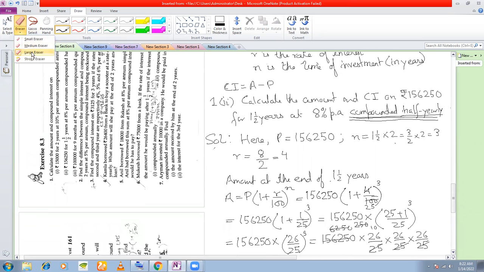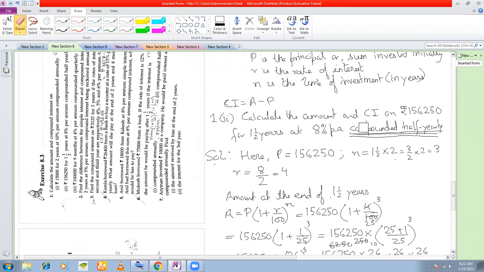Let us move on now to the third part where you have quarterly interest. So now the problem here is: calculate the amount and compound interest on rupees 10 lakh for 9 months.